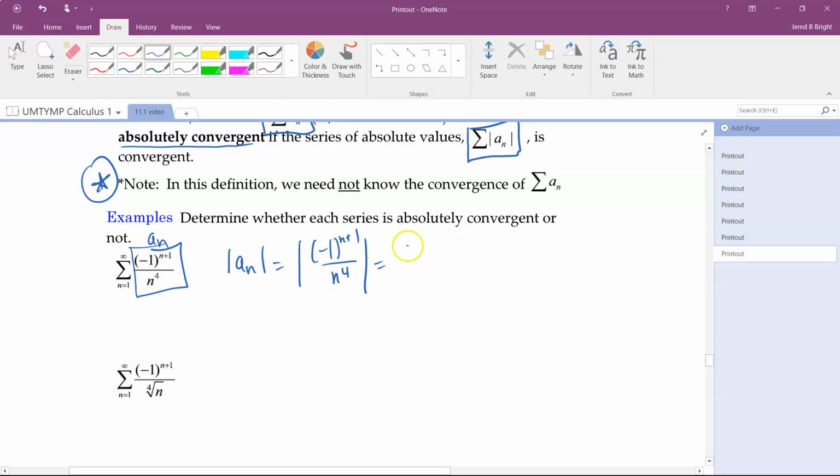The absolute value of this is just 1 over n to the fourth, and we know this as a series, 1 over n to the fourth, converges by the p-series test. So that means that the series a_n is absolutely convergent.